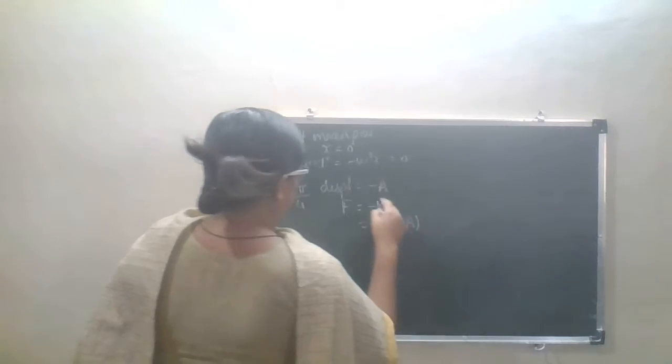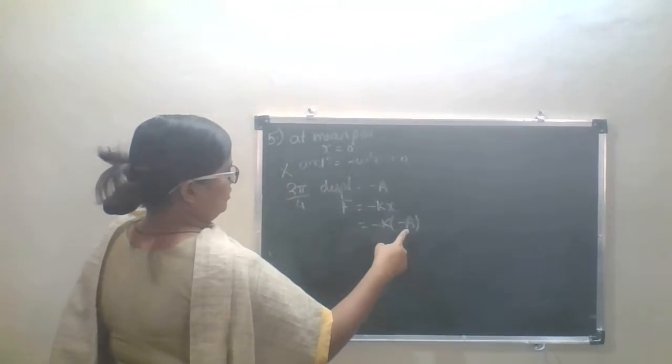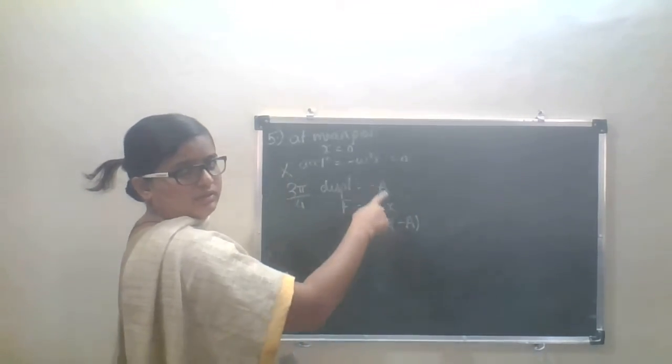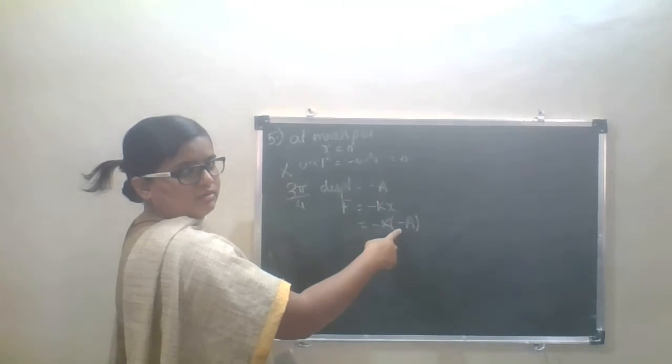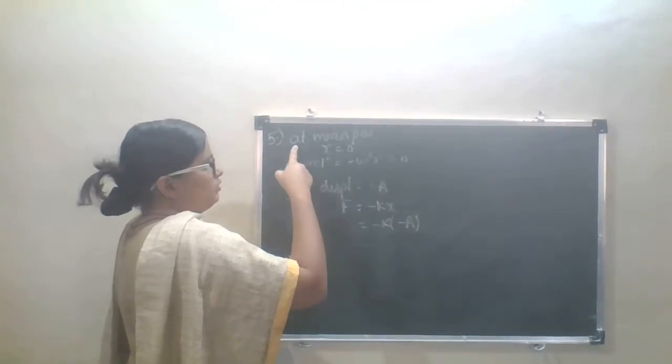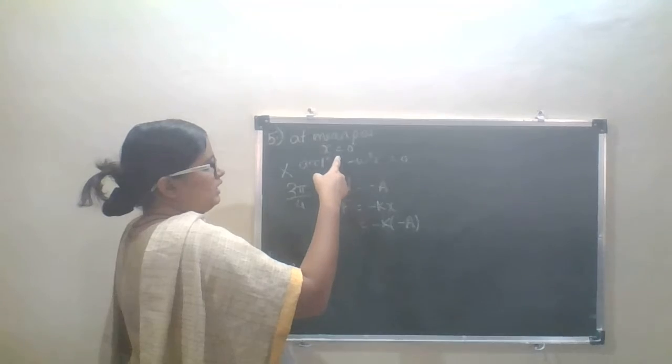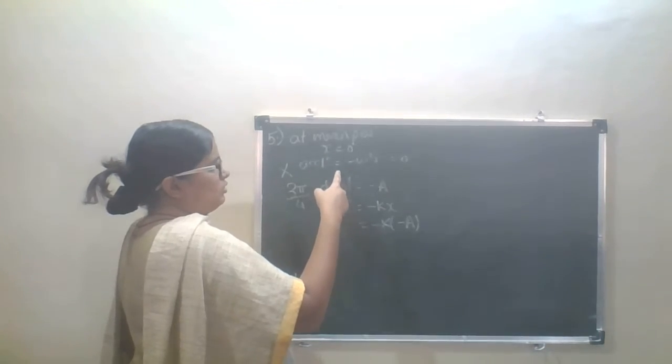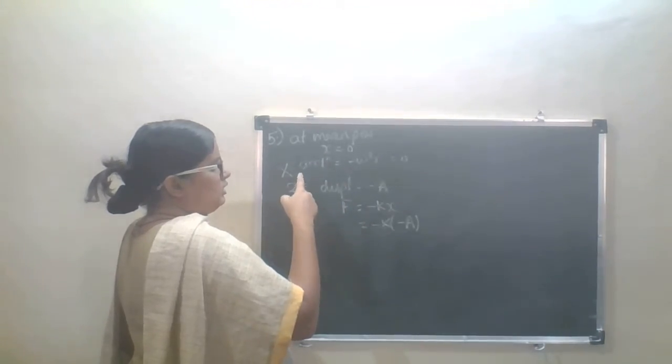We are substituting this value here. First was at mean position when x is equal to 0, then acceleration is also 0. This is incorrect.